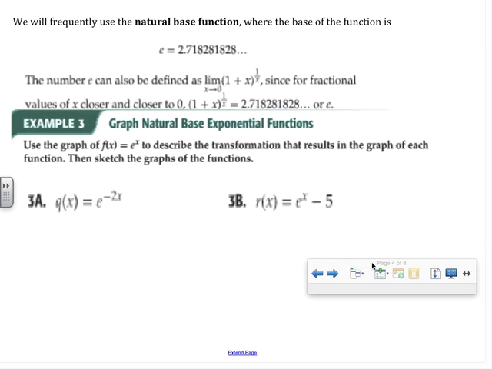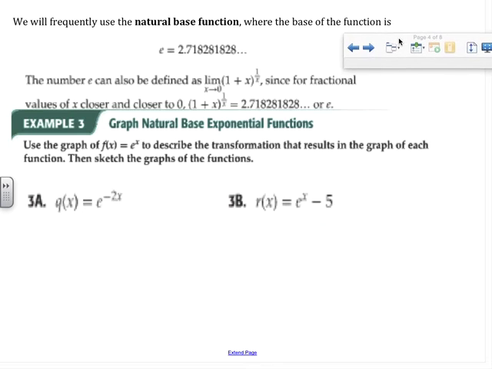So the main thing we're looking at in example 3 is just transforming that E function, just like what we did in the last one. Now you notice I don't have a grid here because E is such a nasty value. To take it and raise it to a power and get another nasty value, I'm not terribly interested in the precision of the graph as much as the shape of the graph. The main thing I want to talk about on this screen is not so much what its graph would look like, but the transformation of it.